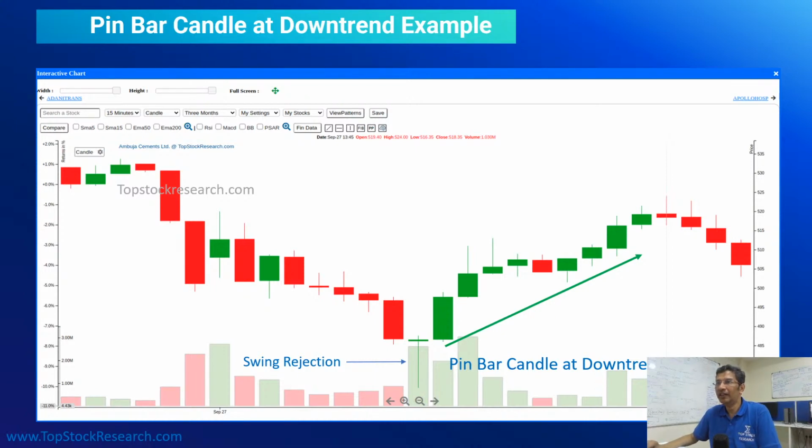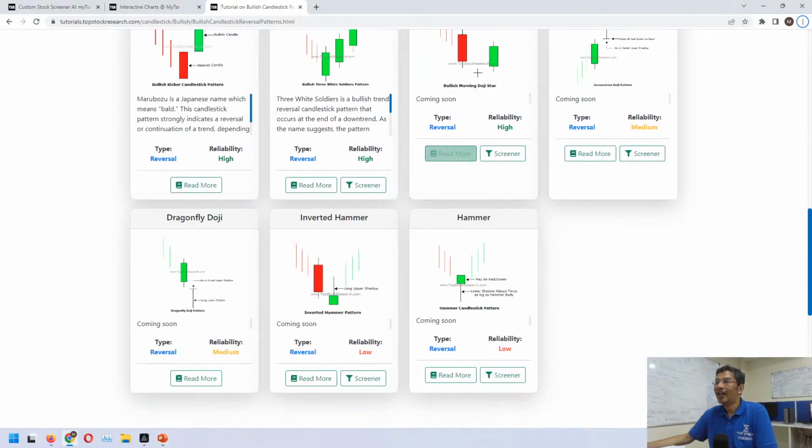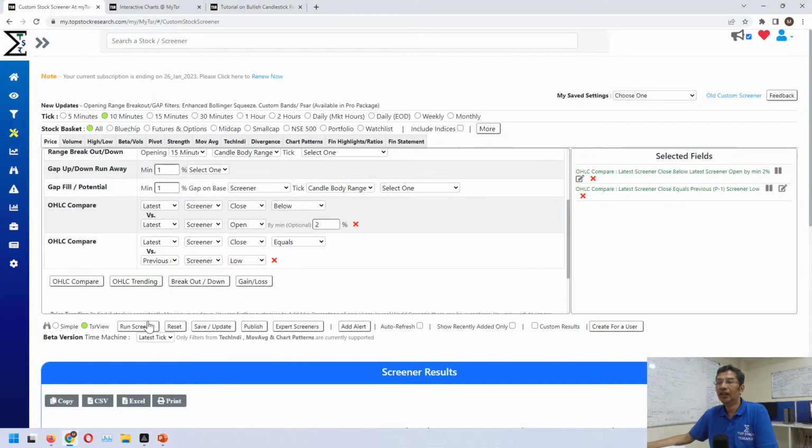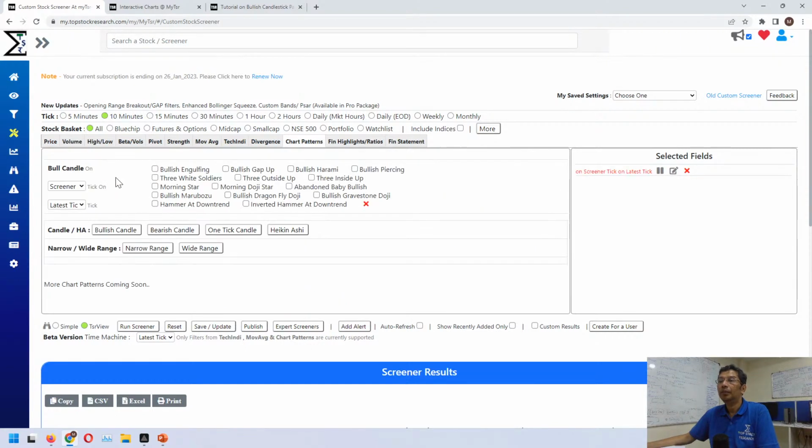So these are swing rejection pin bar. Now pin bar is something you can directly get in this screener, the chart pattern screener. Go to bullish, Hammer at downtrend.